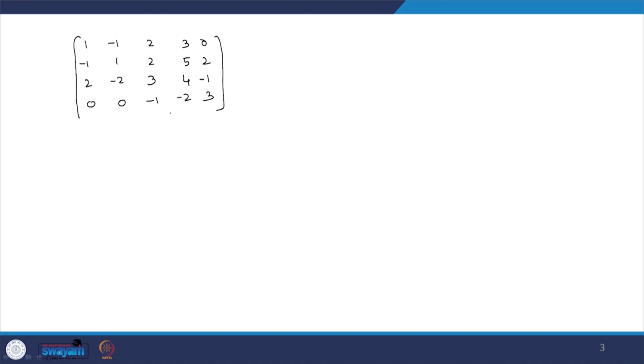Let me do this. This can be written as 1, minus 1, 2, 3, 0, then adding, 0, 0, 4, 8, 2. Then, multiplying the first row by 2 and subtracting from the third row, R3 goes to R3 minus 2 R1.